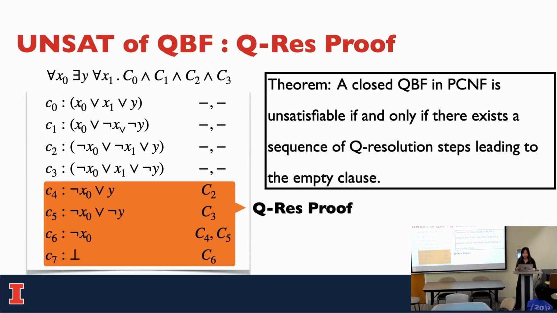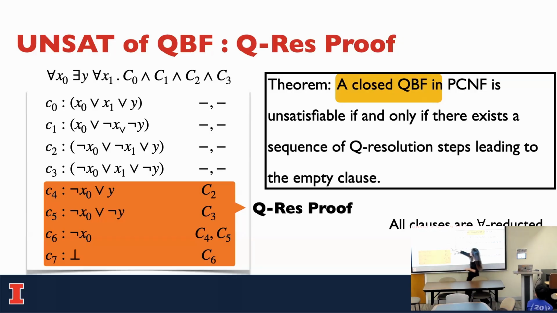One is that this theorem requires all clauses in the input formula to be already forall reduced. Here, this is not the case for this input formula. The clauses in the input formula are not all forall reduced, because you can further simplify C2 by applying forall reduction to C2.